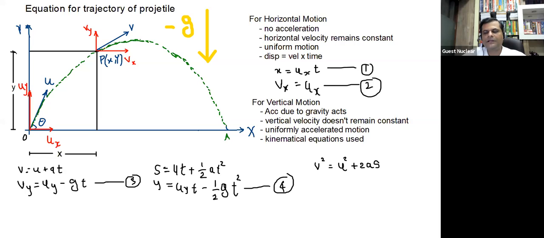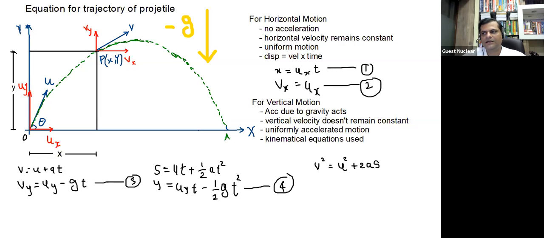But if we try to apply it for vertical motion, if we customize it for vertical motion, then what will come in place of v? vy will come, uy will come in place of u, and minus g will come in place of a. Yes, and at the same time, in place of s, what is going to come? This y is going to come. Understood properly? So all these are the values to be replaced in this equation, so as to get it customized for vertical motion.